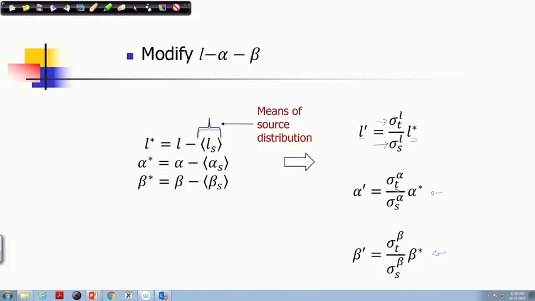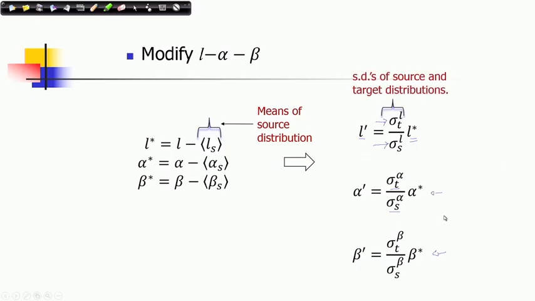So, the corresponding ratios of the standard deviations in those components in both target and source are multiplied with the modified values. So, this can transfer the standard deviation. This just defines the corresponding symbols, as I mentioned, the standard deviations of source and target distributions, and defines those ratios.